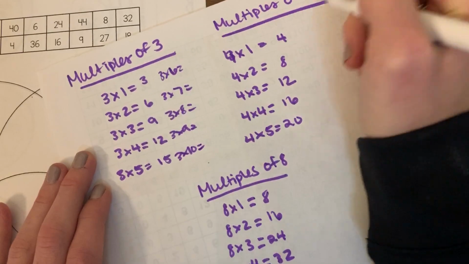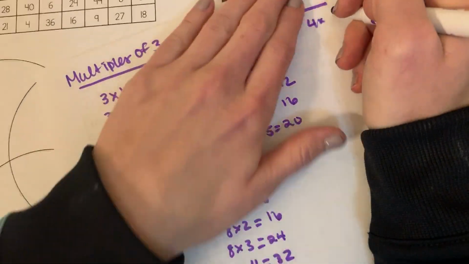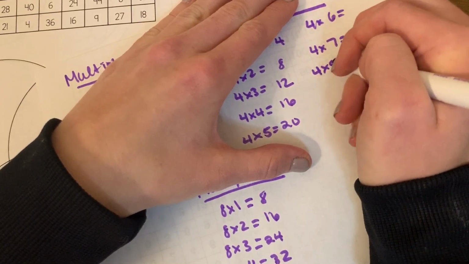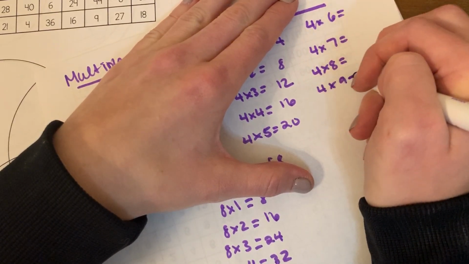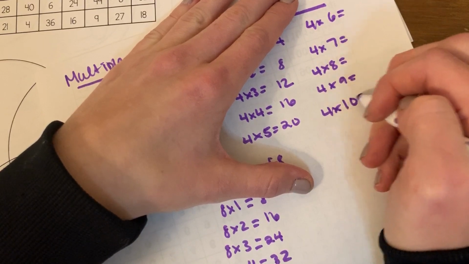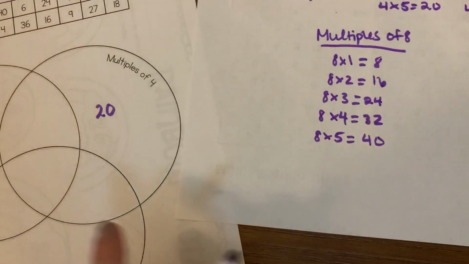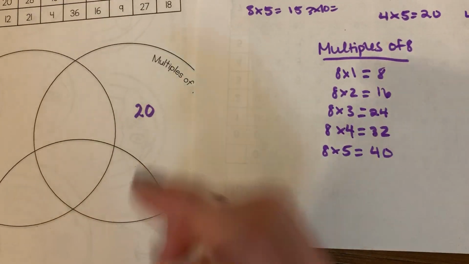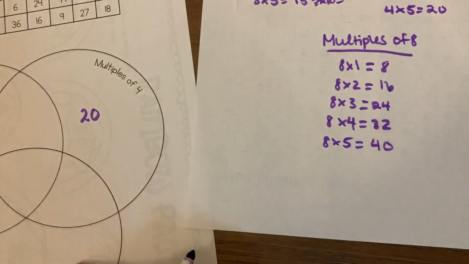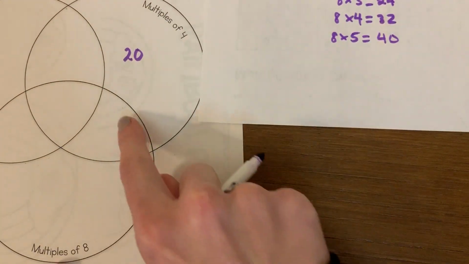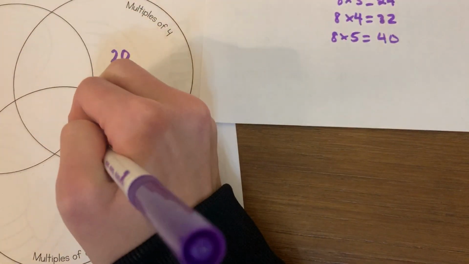It's not bad practice, that's for sure. So go ahead and do that if you are more comfortable with that. But I know that 4 times 10 gives me 40. And I know that 8 times 5 gives me 40. So I'm comfortable with putting my 40 in this part right here because I have multiples of 4 and multiples of 8, and in Venn diagrams that both goes in the middle.